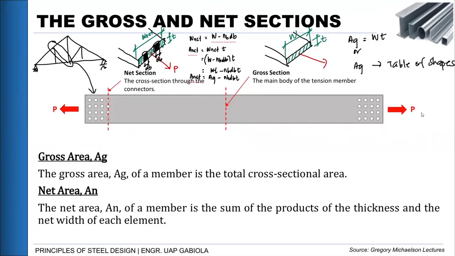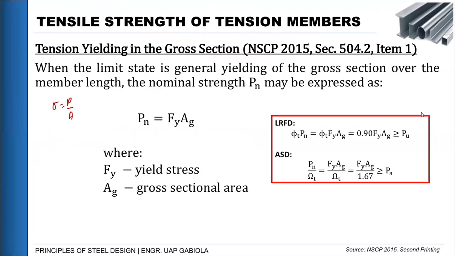As we mentioned dun sa first lecture natin, o sa first module natin, kapag yielding yung pinag-uusapan natin, that is the time na nagkakaroon na ng permanent deformation yung structure natin. So, let's say for example, yung mismong member natin na dinidesign, na tension member, is part of a bracing system. Kung halimbawa, hinayaan mo siyang mag-exceed ng Fy, pwedeng mangyari dun sa section natin na magkaroon ng permanent deformation.